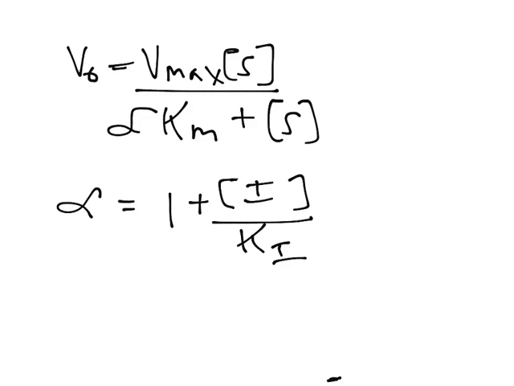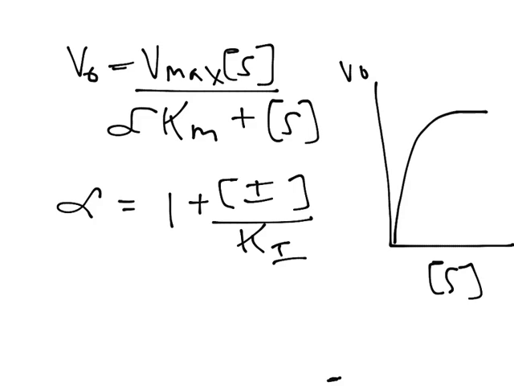In terms of what that looks like on a Michaelis-Menten plot, if this is the concentration of substrate and this is the initial reaction velocity, here it is in the absence of inhibitor. In the presence of inhibitor, that graph is going to look like this. So the question is, how can you overcome competitive inhibition?